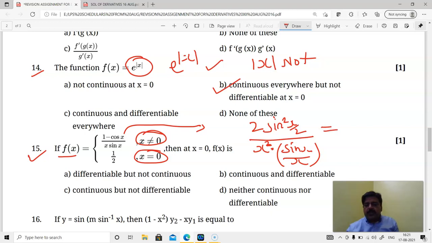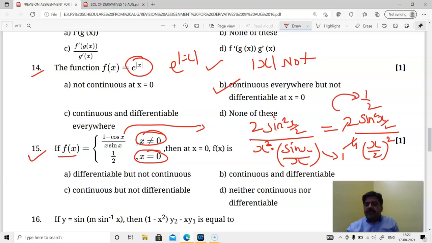So this is going to be 1, and if you simplify sin square x by 2 with x by 2 whole square, that means we have divided by 4, then we multiply, and this comes out to be a half. So it is continuous.